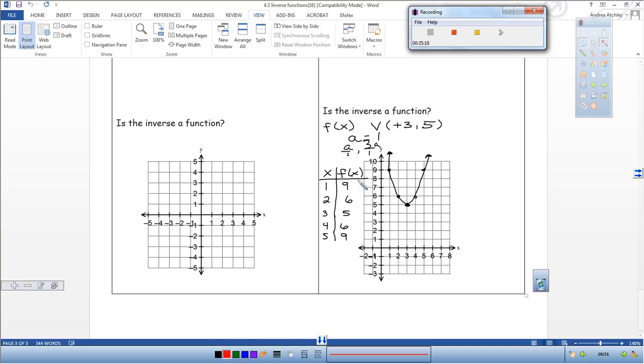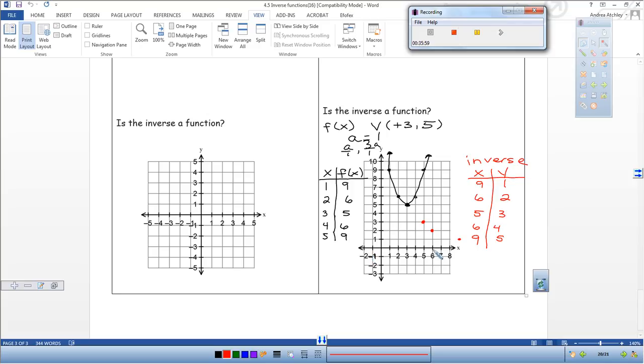Okay, so now we're going to just switch them for my inverse. Okay, so now all of my y values are going to become x values. Okay, so when x is 9, which is right here, y is 1. When x is 6, y is 2. When x is 5, y is 3.